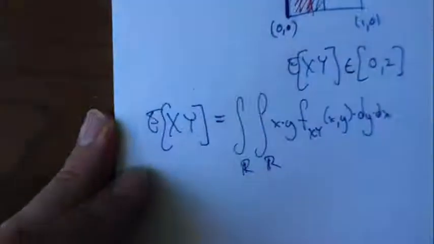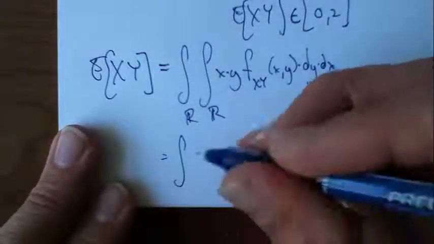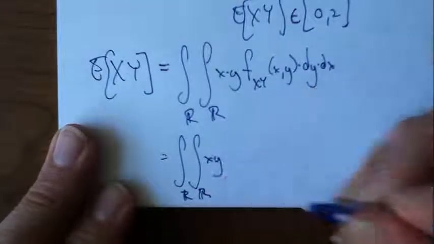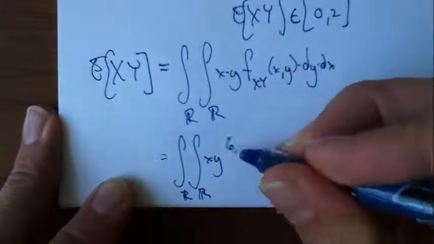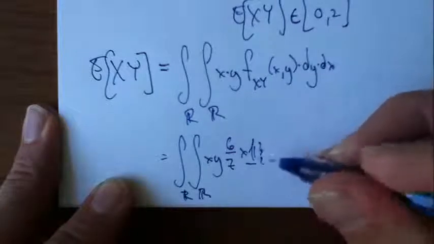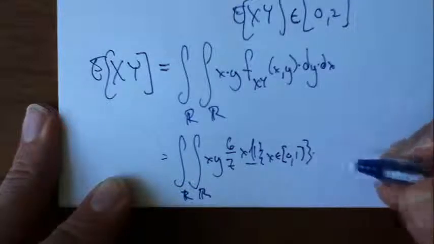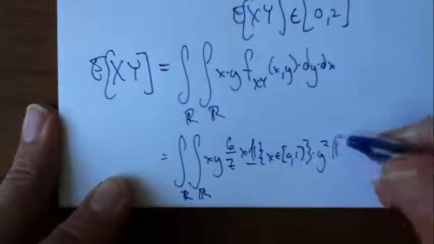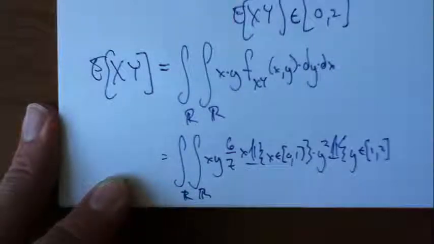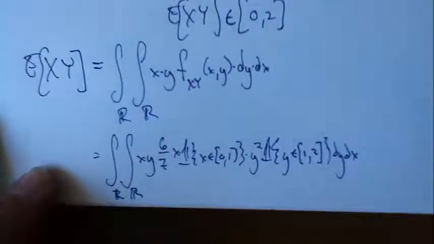Okay, so I'm going to do that. I'm just going to drop in my joint density function there, which is 6/7 times x times the indicator that x is in [0,1], times y squared times the indicator function that y is an element of the closed interval [1,2], dy dx.